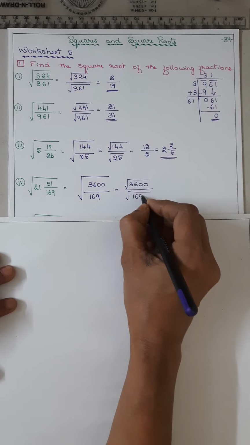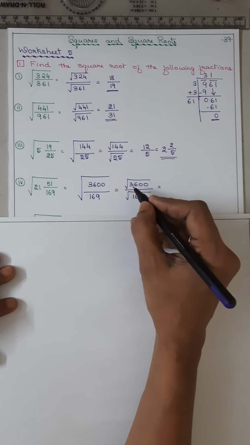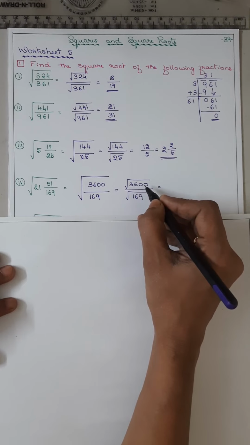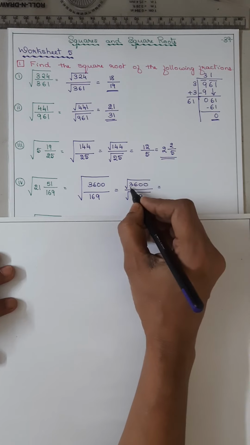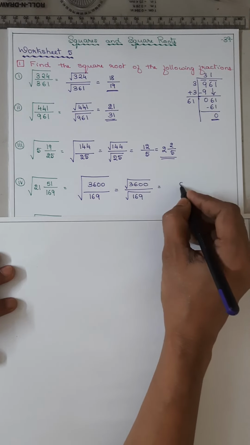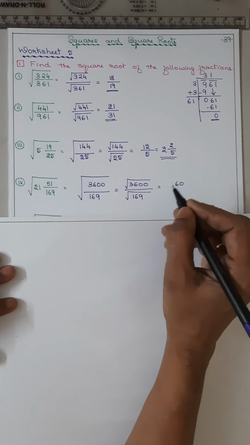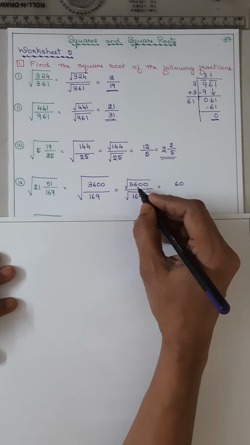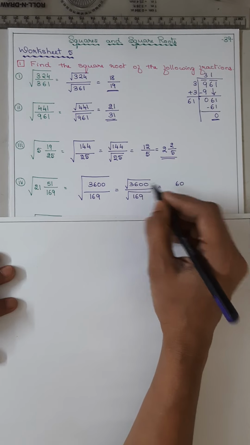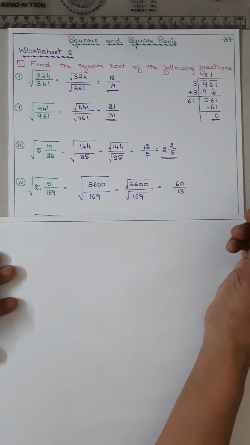So 169. Now coming to the square root of 3600. So it is 0, 0, 10, isn't it? And 36 is of 6. So 60 into 60 will be 3600 upon 169 is of 13.